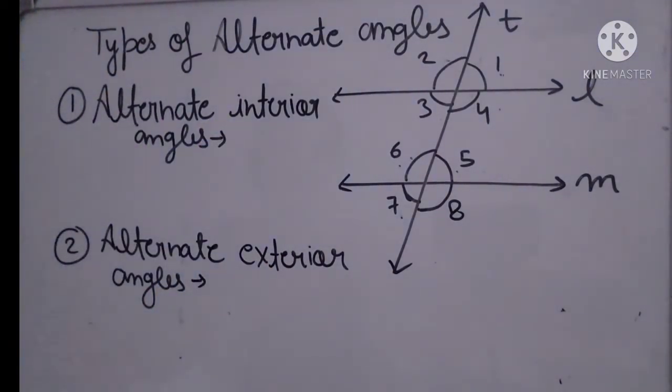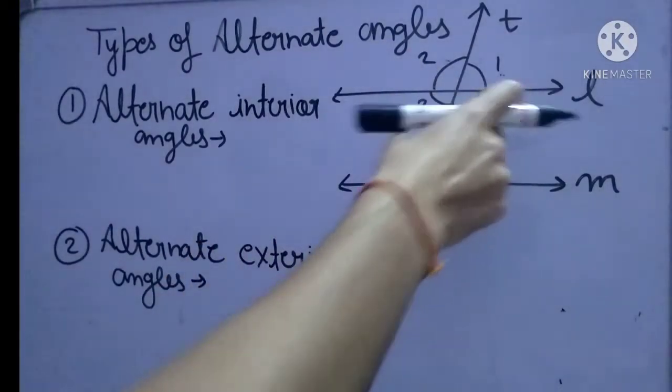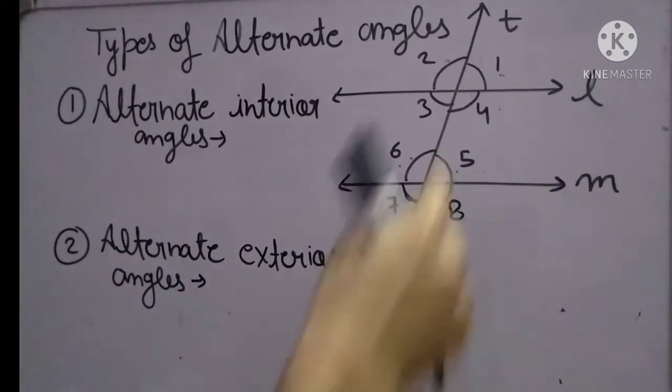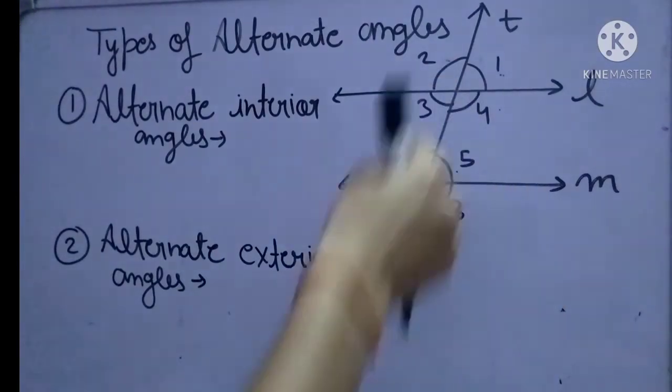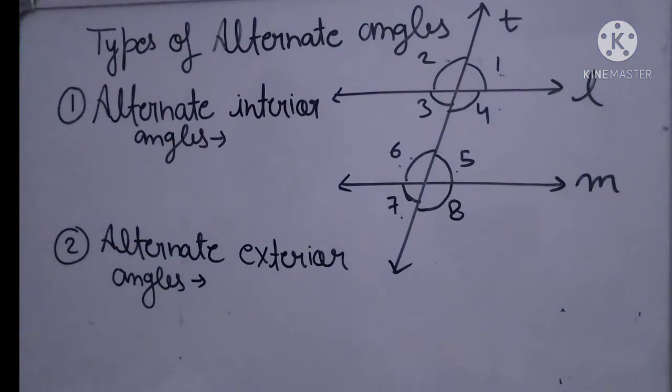Those interior angles which are alternate are called alternate interior angles. Or we can say that the interior angles which are on the opposite side of the transversal and do not form a linear pair are called alternate interior angles. See, angles 3, 4, 5, 6 are the interior angles.